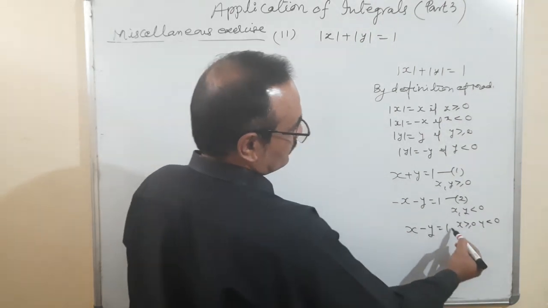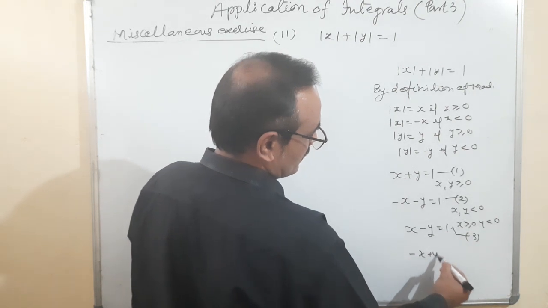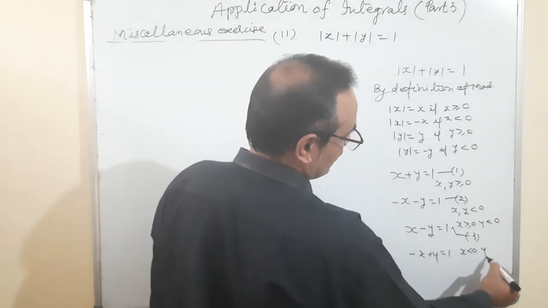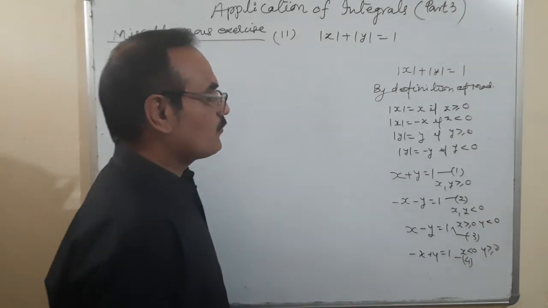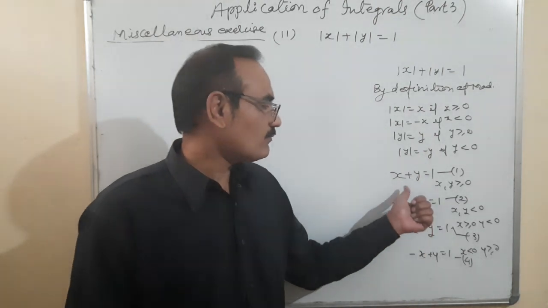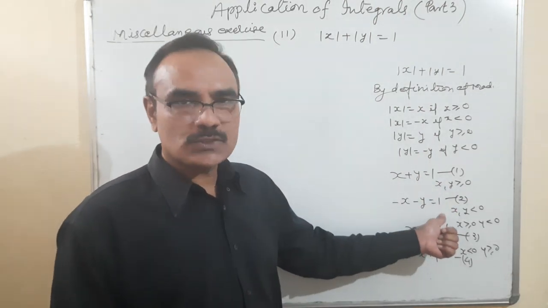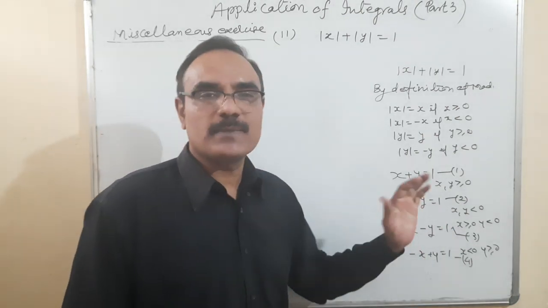And this is the third. And fourth is minus x plus y is equal to 1 when x is less than 0 and y is greater or equal to 0. There are four equations we have: x plus y is equal to 1, x plus y is equal to minus 1, x minus y is equal to 1, and x minus y is equal to minus 1.